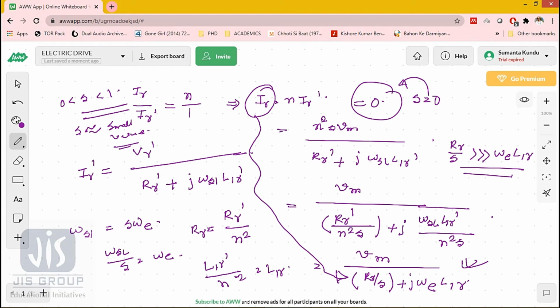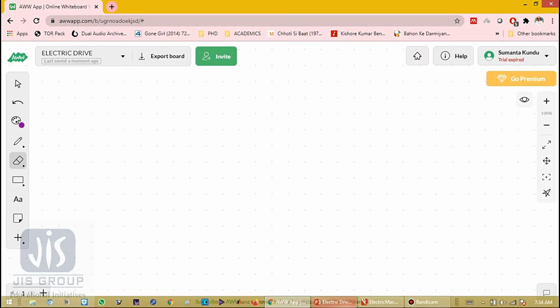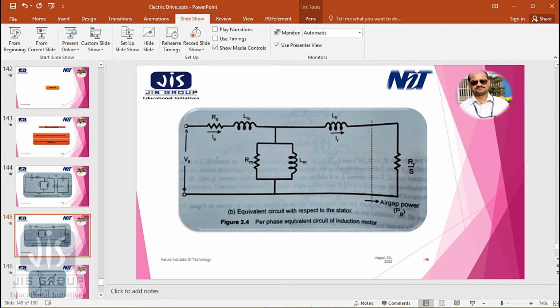Now we are going to analyze this equivalent circuit. From this figure we can develop the different power expressions.